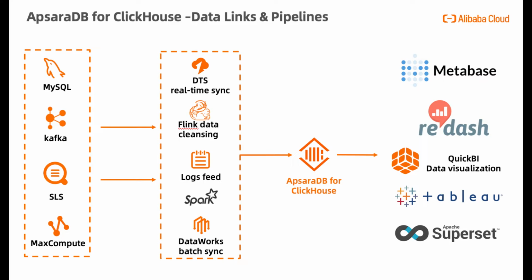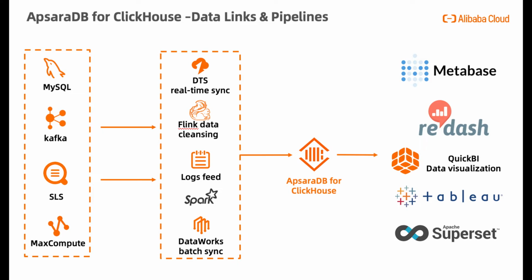So the general data, like the metadata, always comes from MySQL, Kafka, SLS log service, or MaxCompute. And then it comes to doing DTS real-time sync, or using Flink to do the data cleansing, or Logstash or Spark, and also DataWorks for batch sync into ApsaraDB for ClickHouse.